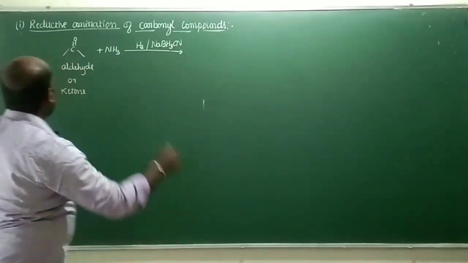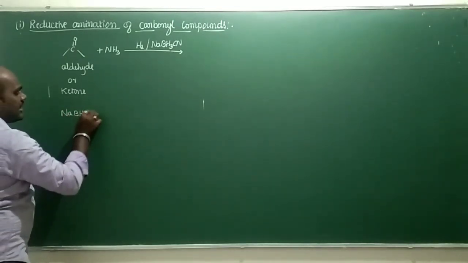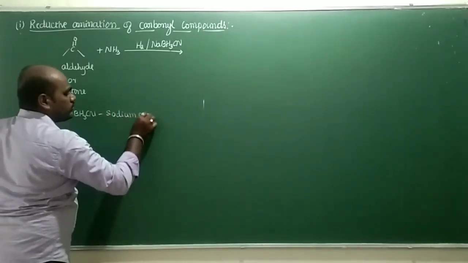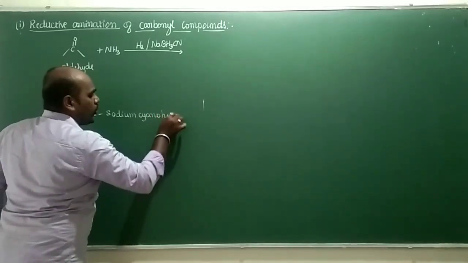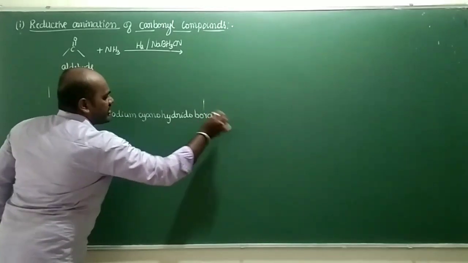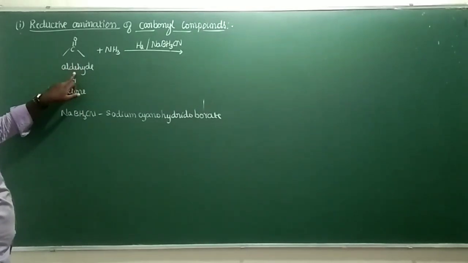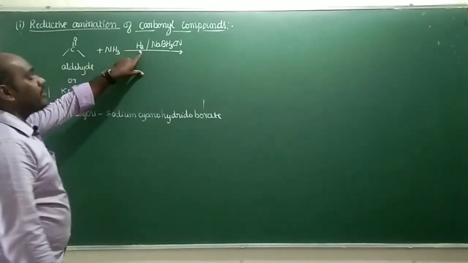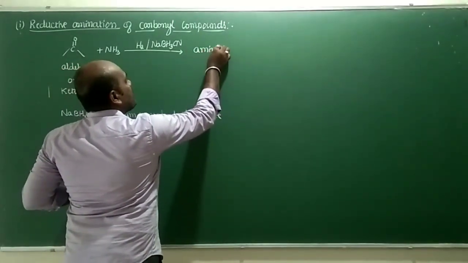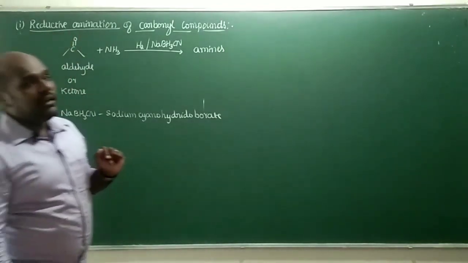That is the name of this reducing agent, NaBH3CN. So in presence of sodium cyanohydridoborate, when an aldehyde or ketone is aminated followed by reduction, we are going to get amines. This is the basic idea regarding the reductive amination of carbonyl compounds.